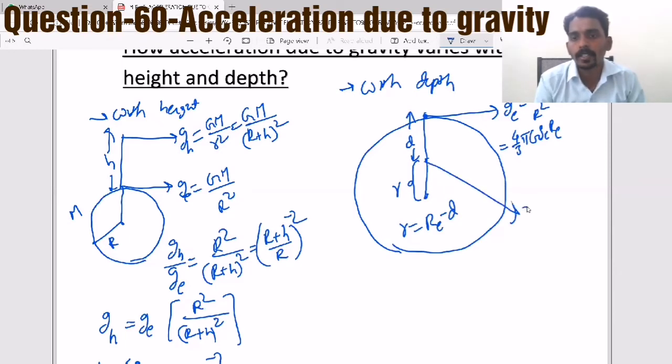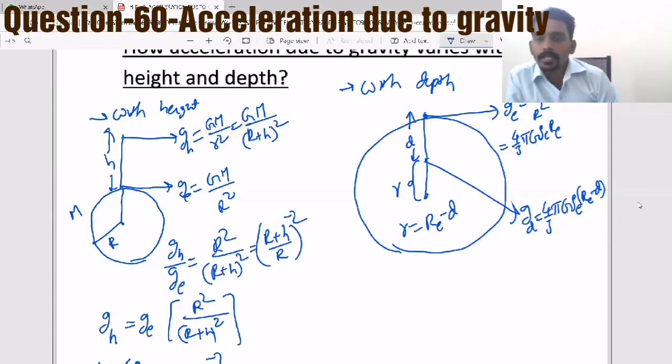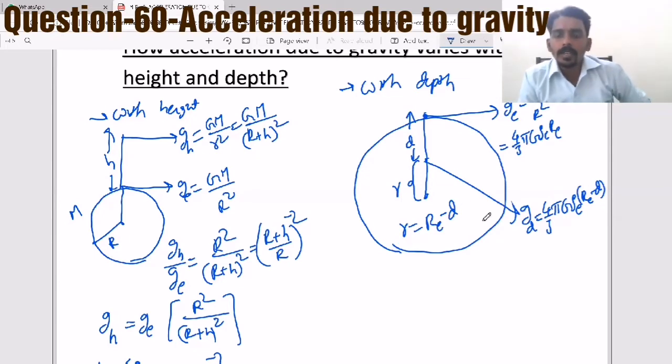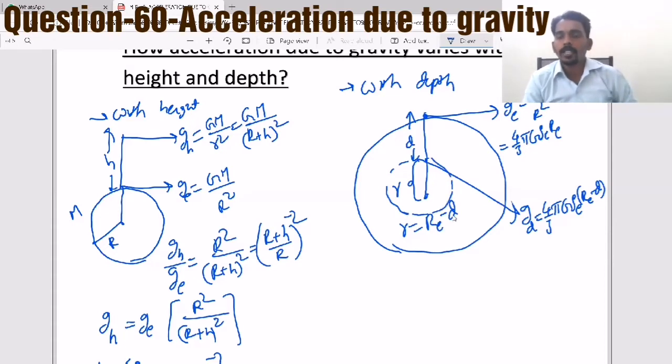So at this point the acceleration due to gravity will become 4 by 3 pi G rho into R minus d. Why am I taking the formula in terms of density? Because when you consider an inside point, only the effective mass you have to consider. Not all the mass will affect that point.